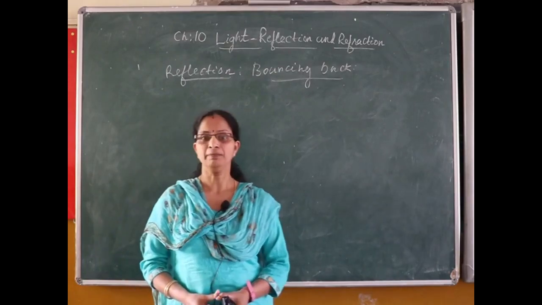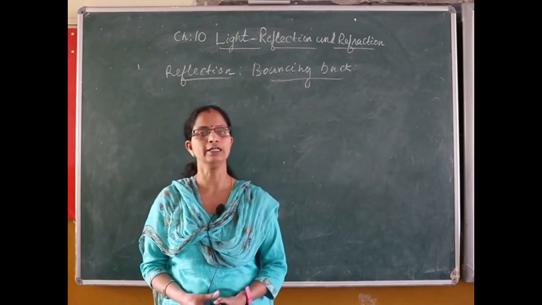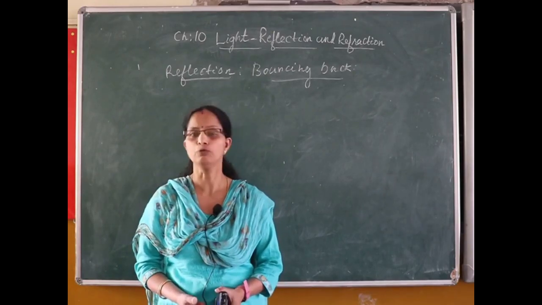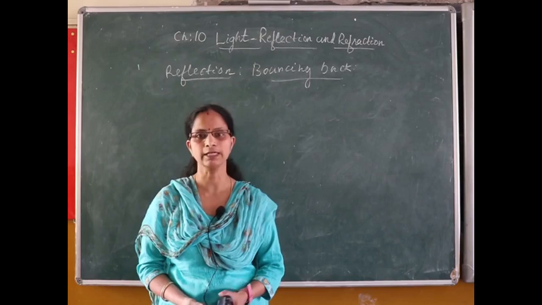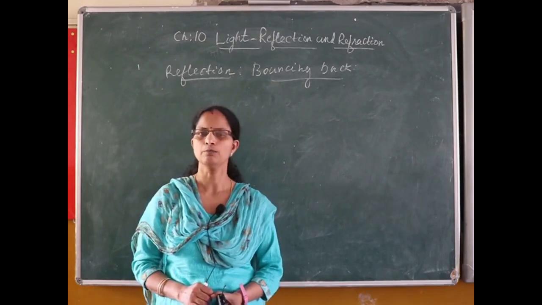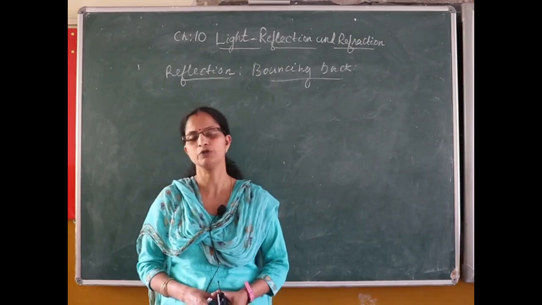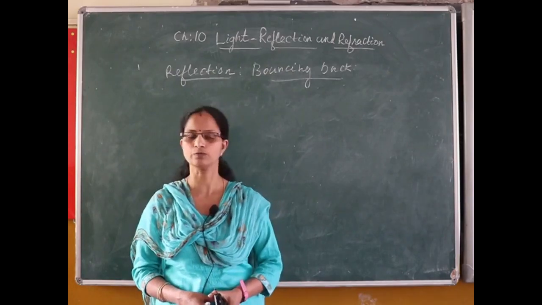Now, a mirror is a highly polished surface, and when light strikes a mirror, most of the light gets bounced back, because it is a highly polished or smooth surface.